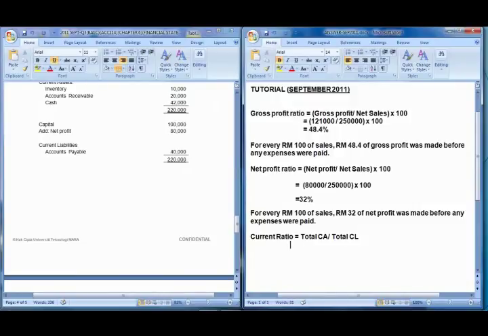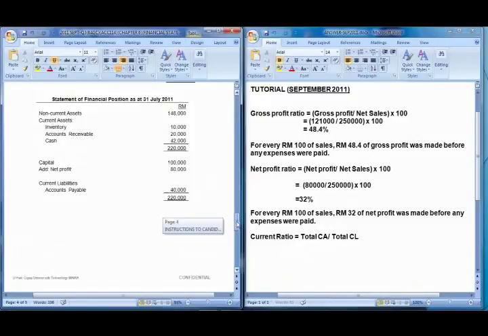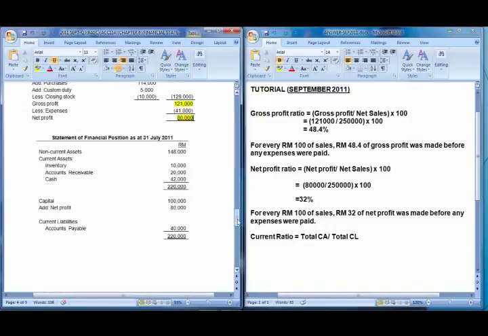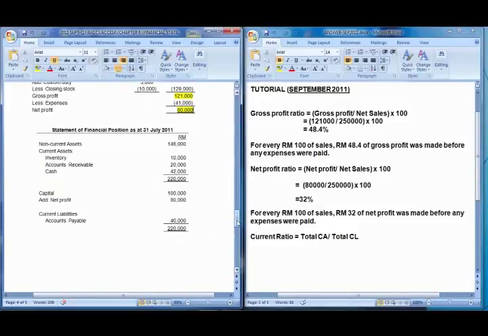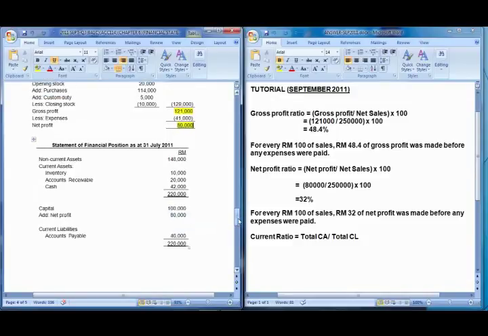Okay. So we have to find the value for the total current asset and total current liability. First, remember class, the value for the current asset can be seen in the statement of financial position, where it is given that current asset is inventory, account receivable, and cash.